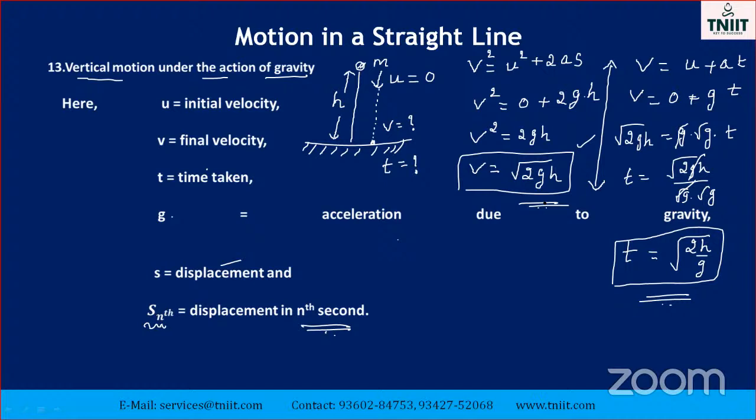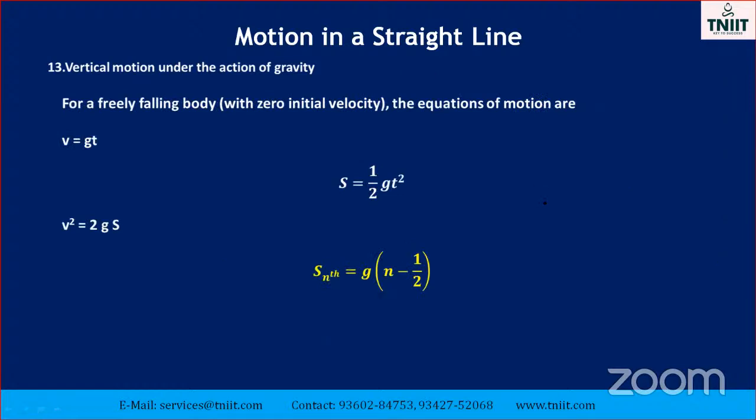Got it? These are just the equations of motion whenever it is falling freely. This is what I have explained to get these formulas. In all the formulas, we have taken initial velocity as 0. That is u is equal to 0.